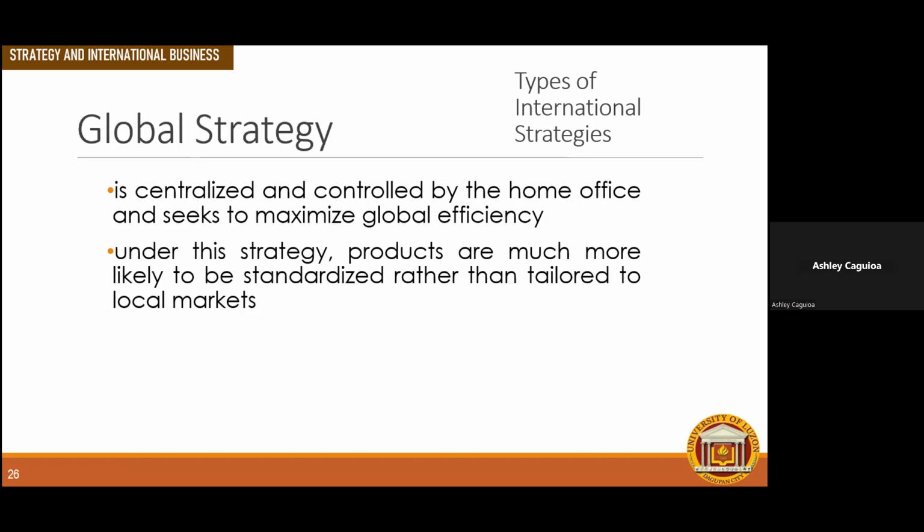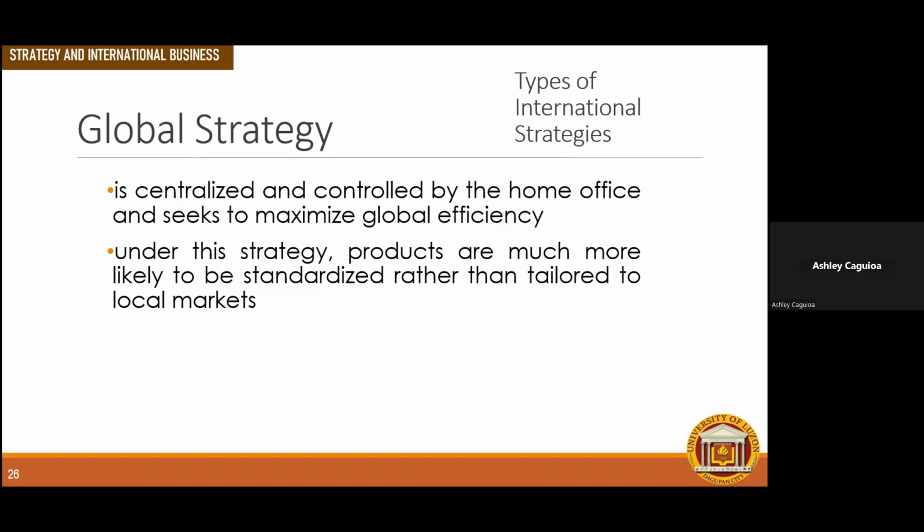Next we have global strategy. Global strategy is centralized and controlled by the home office and seeks to maximize global efficiency. Under this strategy, products are much more likely to be standardized rather than tailored to local markets. So a global strategy sacrifices responsiveness to local requirements within each of its markets in favor of emphasizing efficiency.